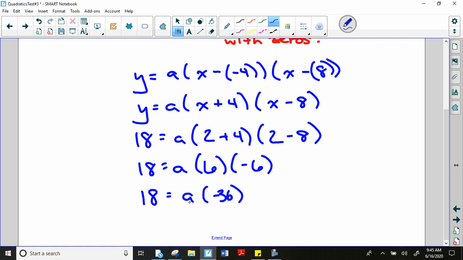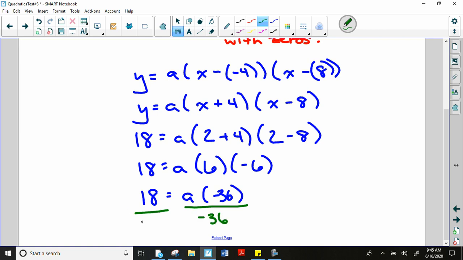Boom. Okay, so don't forget the math happening between the a and this value right here. So I multiplied right here. I went -6 times -6, or sorry, +6 times -6 to give us a -36. But then this is also multiplication happening right here. So when we're looking to isolate for a, you have to divide.